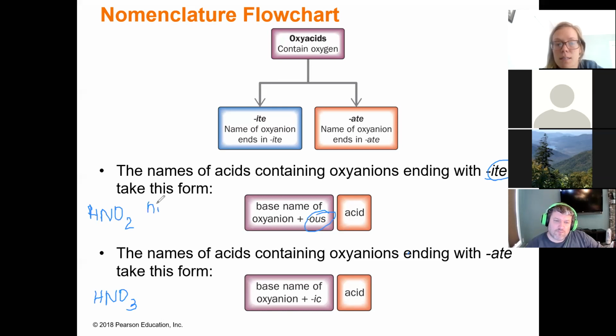So this is nitrous acid. This is hydrogen mixed with nitrate. Ates become ic. So this is nitric acid. We don't put the hydro. People want to add the hydro here because they did it for the other one. You don't, just hydro for binary.